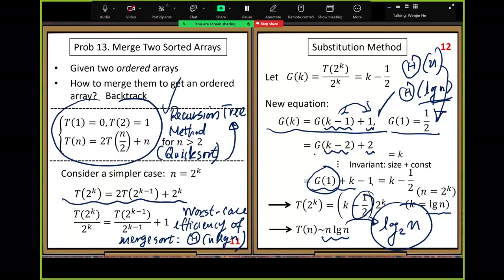Can you see it's much better than all the previous three sorting algorithms? The previous three, in the worst case, are all big theta of n squared. Here we get big theta of n log n. The most important property of merge sort is that its worst case is under control.